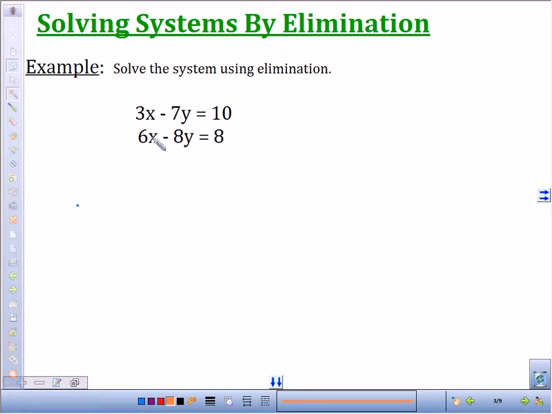For my x coefficients, I have 3 and 6. For my y coefficients, I have -7 and -8. And what I would like to do is pick the one with the lowest common multiple. The least common multiple of 3 and 6 is 6. The least common multiple of 7 and 8 is 56.